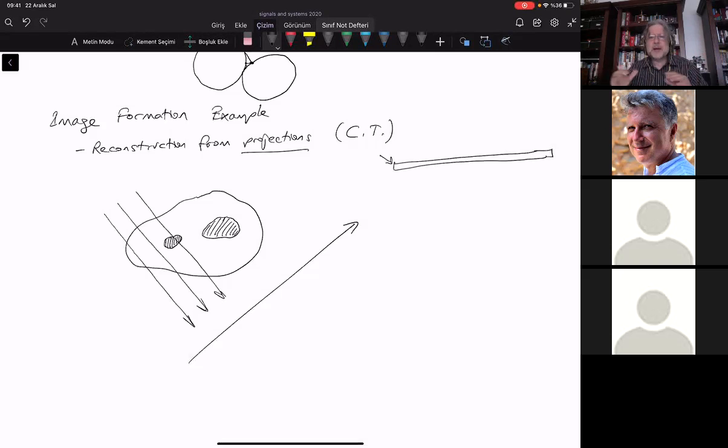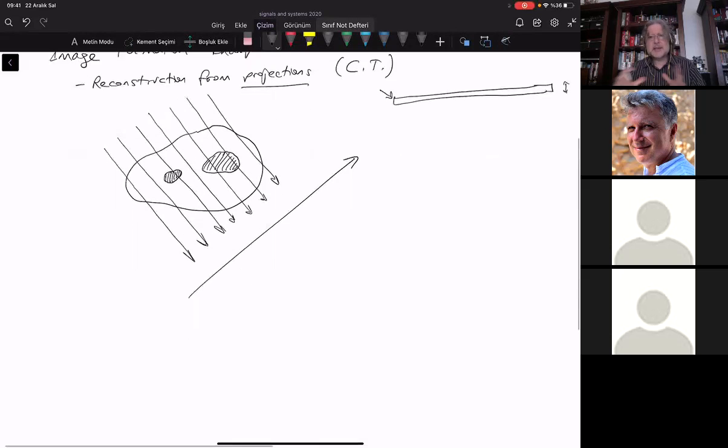It's a narrow one. And we are not interested in the variation along the vertical direction, but we are interested in the horizontal direction, because that is the slice that we are trying to image. And when we take this kind of an X-ray, I will assume that the signal that I get is essentially one-dimensional, and that one-dimensional image is consisting of an accumulation, a summation of the densities of the tissue.